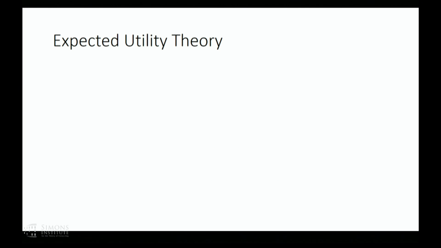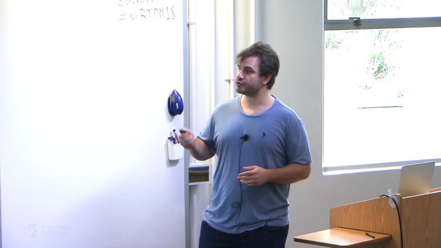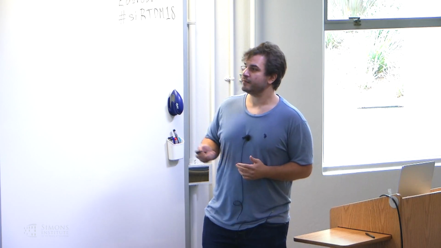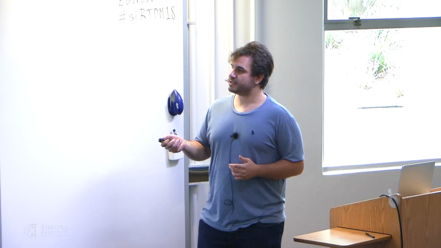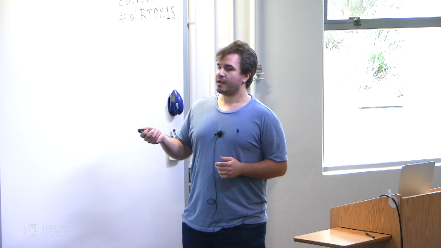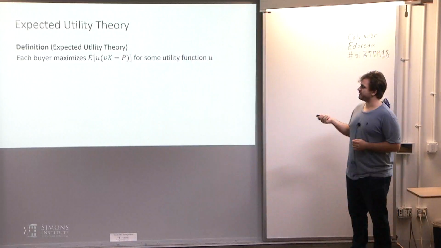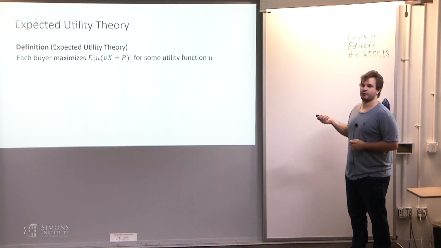So to model risk in this case, we're going to use the standard and traditional notion of expected utility theory. According to this theory, the agent is maximizing a utility over their rewards. So if we perceive that amount here as our reward, then our goal is to maximize the expectation of a utility function of this reward.